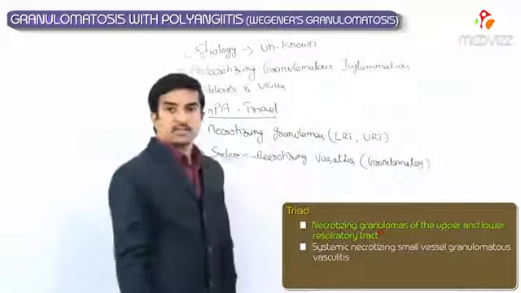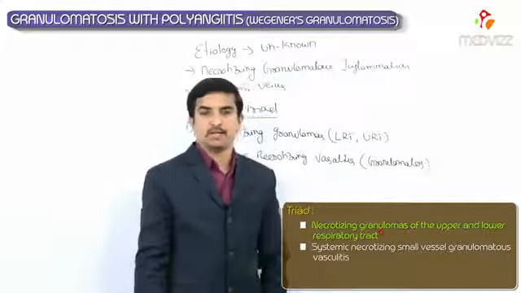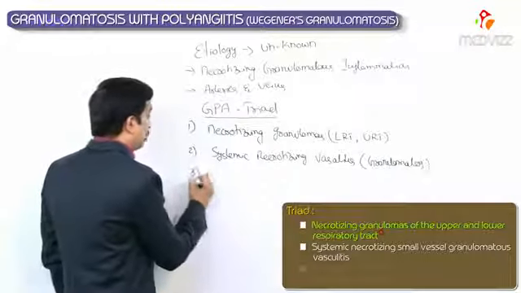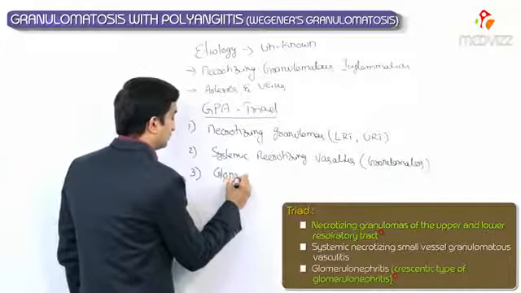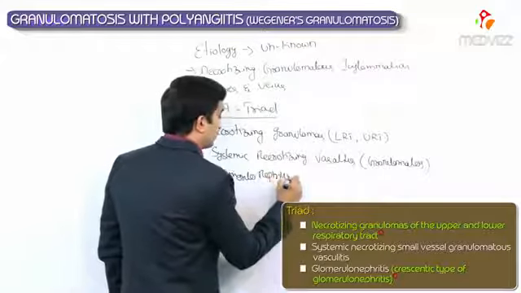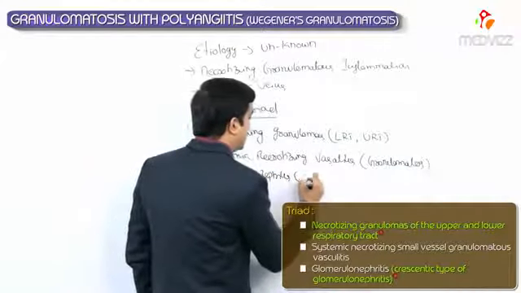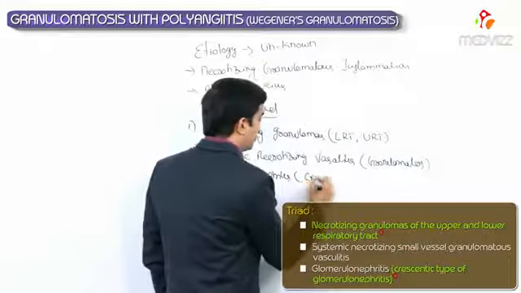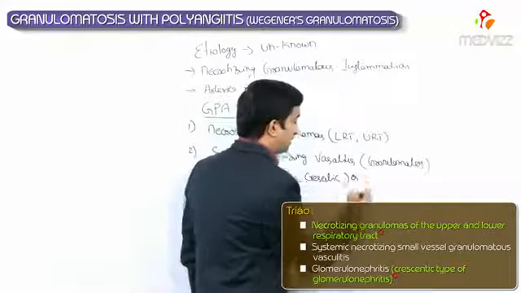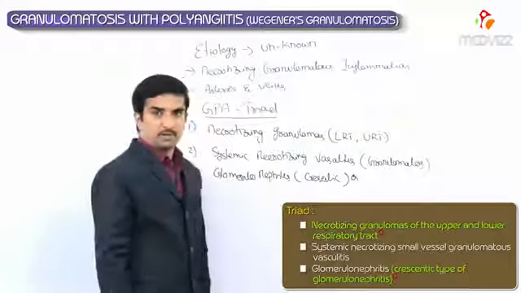And the third one in the triad is glomerulonephritis, especially of crescentic type. Crescentic glomerulonephritis is an important MCQ question.